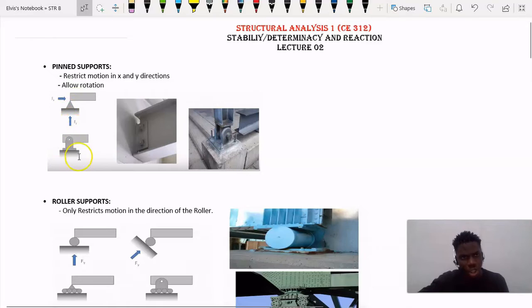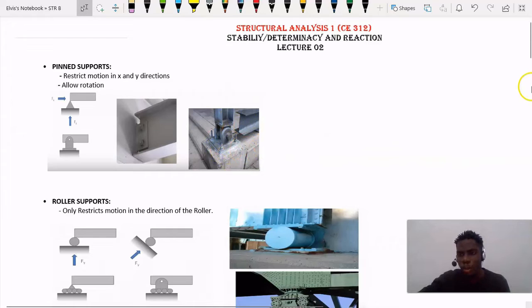This is another symbol of pin support. As you can see, we have this beam, and this beam is connected to the other member. So these are examples of pin support.